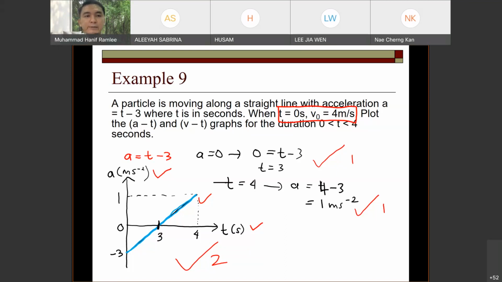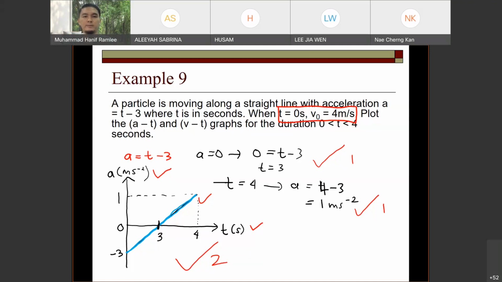VT graph right now. Draw it. And if you have the answer, you can share it in the WhatsApp group. The VT graph. You can share the answer in the WhatsApp group. I will check the WhatsApp group right now.